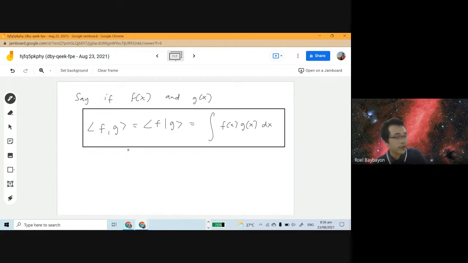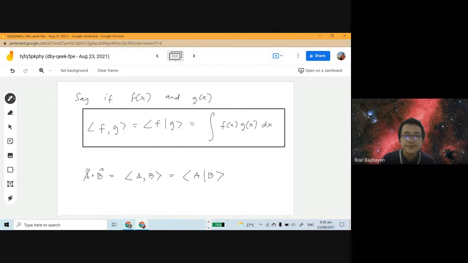Also, in terms of vector, I have a dot b. This is a dot product. You can write this as ab in Dirac notation, or you can write this as the bracket vector a, vector b.